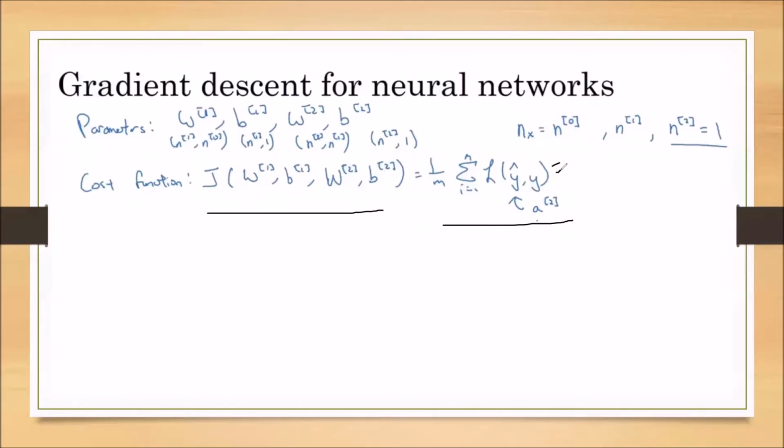We already discussed this loss function: minus y log y cap plus 1 minus y log 1 minus y cap. Now we want to add all these loss functions for the m training samples. That is combinedly called the cost function.